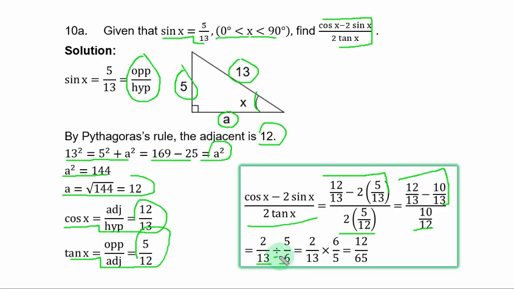In division of fractions, the division sign always changes to multiplication, and the fraction at the right side is inverted. So you have 2/13 times 6/5, and that is 12/65, as the value of cos s minus 2 sin s over 2 tan s.